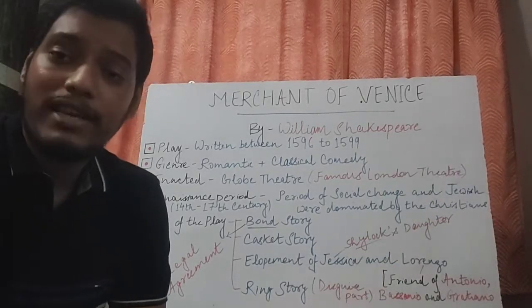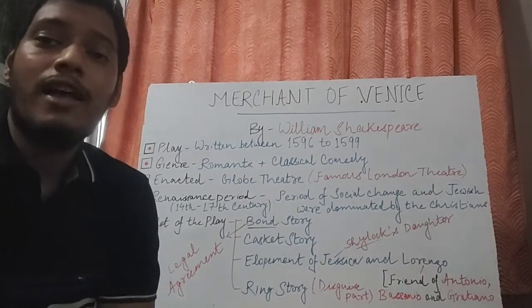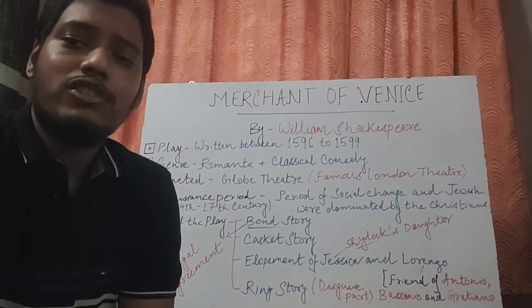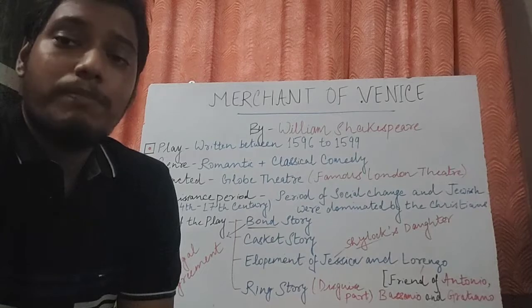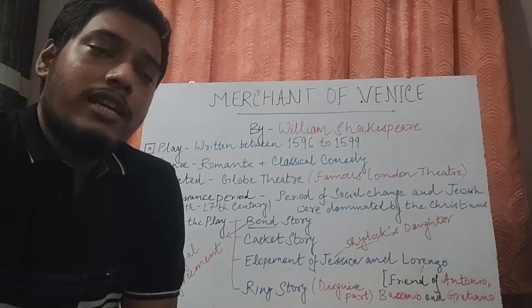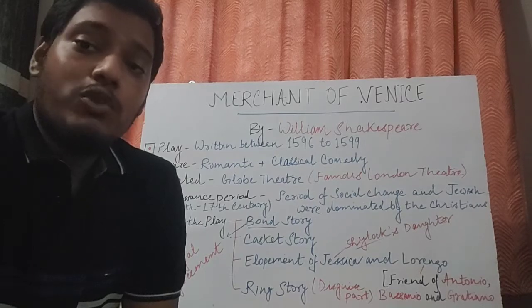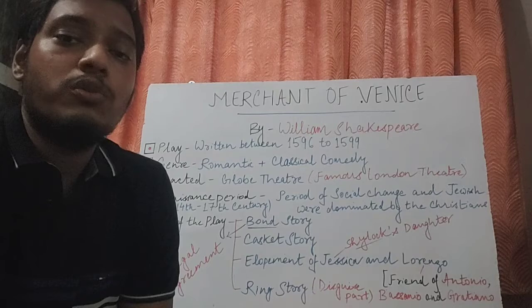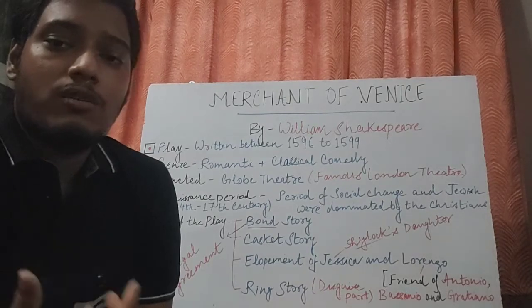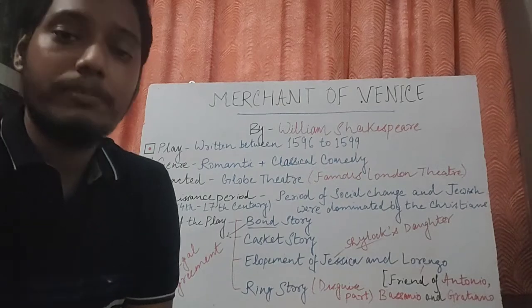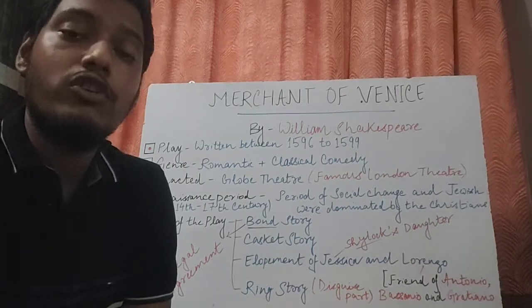Shylock was a money lender. And Bassanio, as I have given you the characteristics of Bassanio, was a spendthrift man. Therefore, he also wanted to marry Portia. So he needed money so that he could reach this place, Belmont, in order to marry Portia.